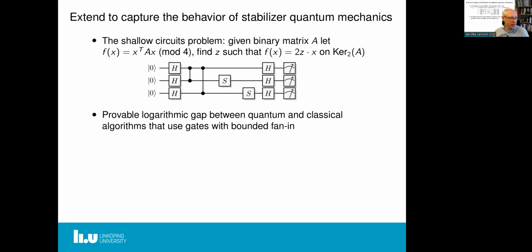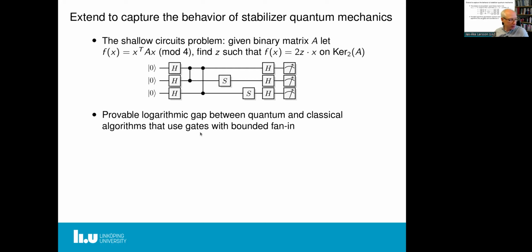And there's very little time left. The latest thing we did was to try to add quantum contextuality to this model. We studied a problem called the shallow circuits problem, which has a provable gap between the quantum and the classical algorithms.